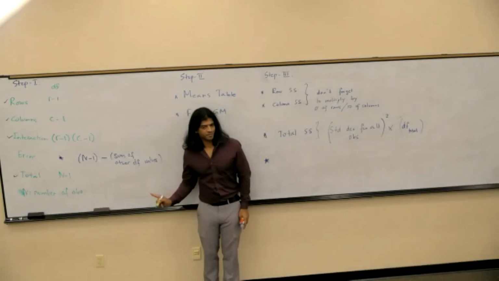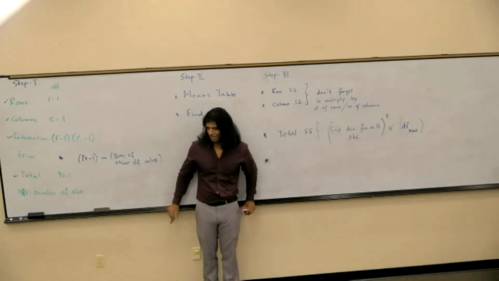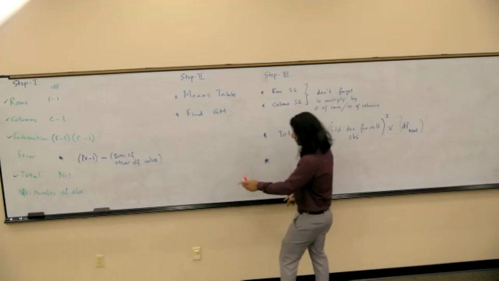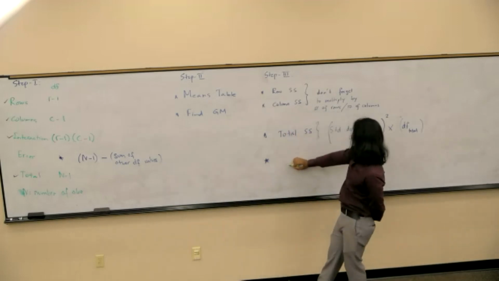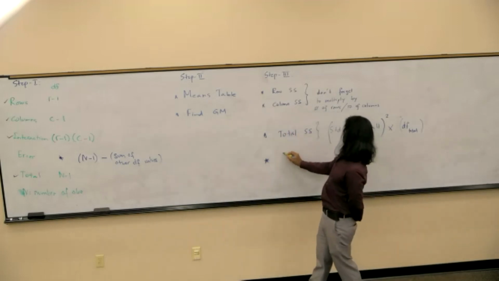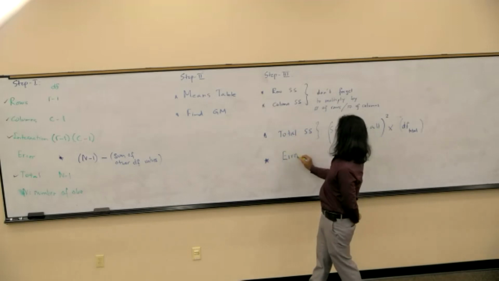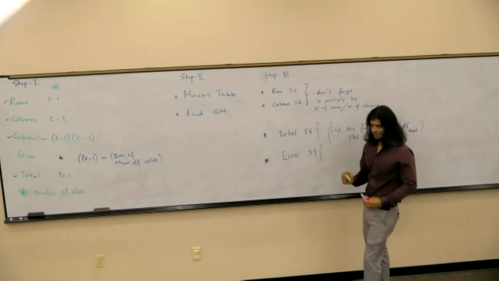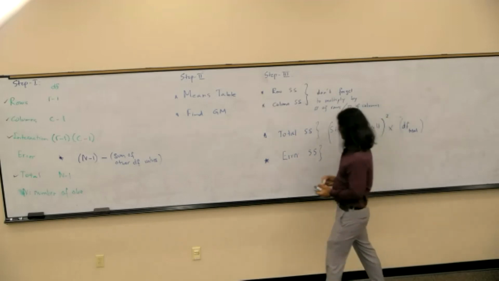Which one should you do next? Interaction or error? Error. Interaction is the last thing that you should do because it's difficult.